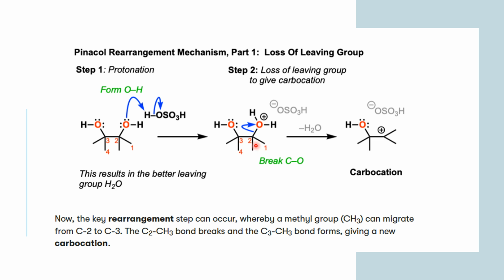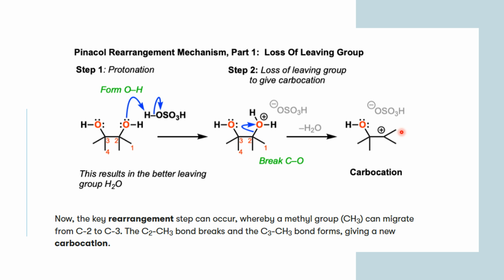Then this oxonium is going to undergo carbon oxygen bond breakage, because this oxonium will readily lose a water molecule. So loss of water molecule happens and we get a carbocation in this second step.